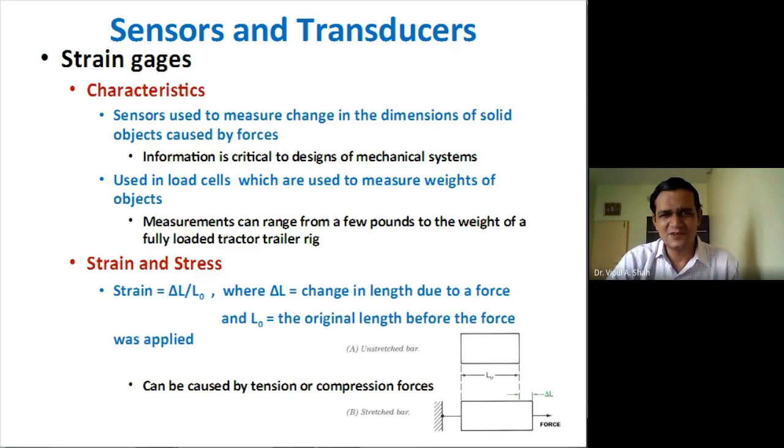So these are sensors used to measure change in the dimensions of solid objects caused by force. This is the material which you can see like this, which is your strain gauge. This is the stretched condition of it. This is the original condition of your unstretched material, which is utilized as a strain gauge. Assume that there is a fixed base, and with the fixed base you have this strain gauge connected.